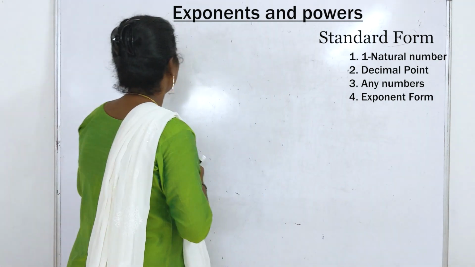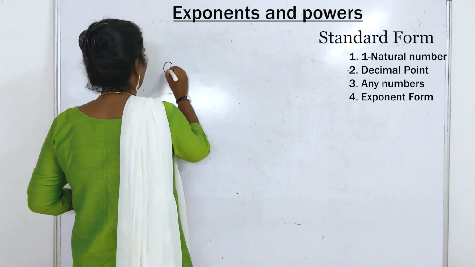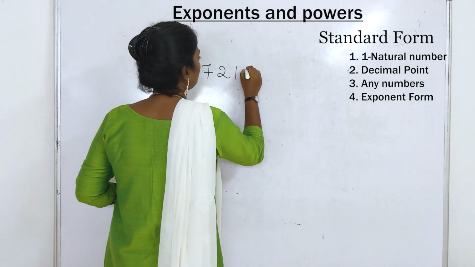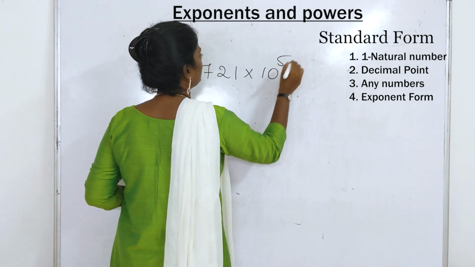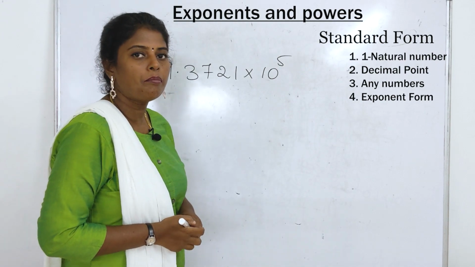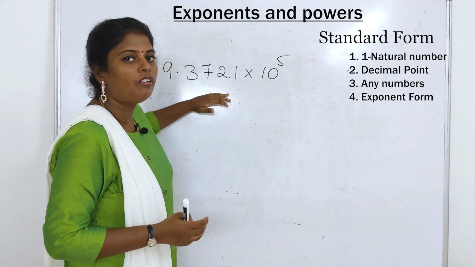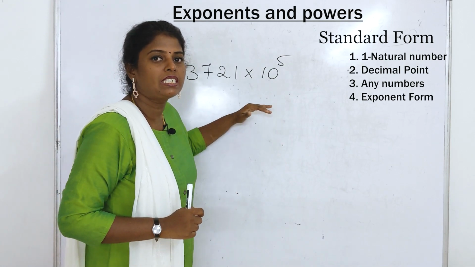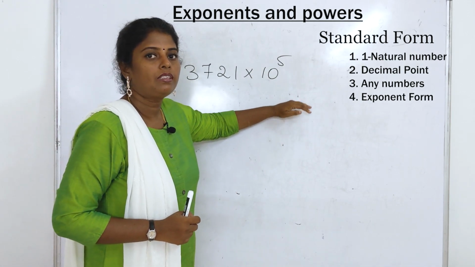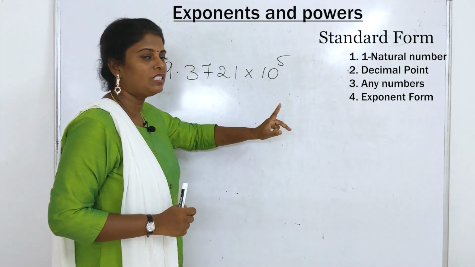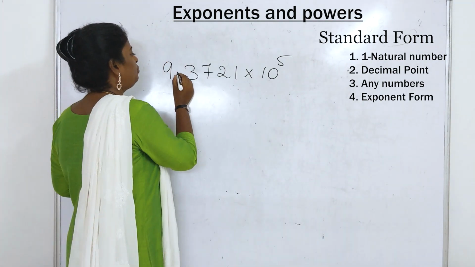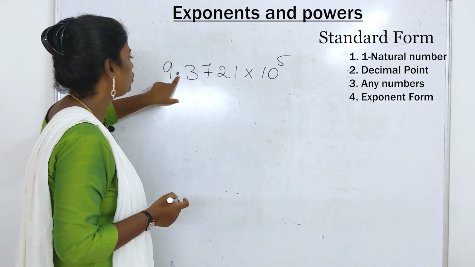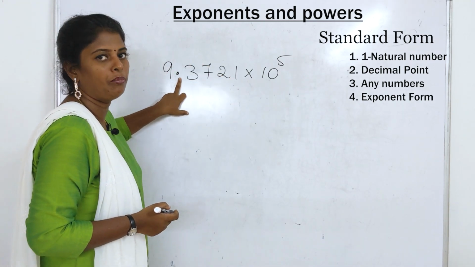For example, 9.3721 into 10 to the power 5. This number is in standard form, because for a number to be in standard form, the first condition is that the decimal point should be strictly after one natural number.